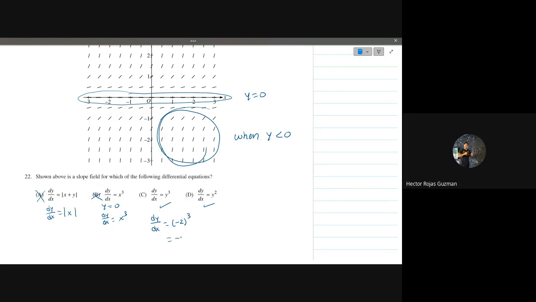Then this becomes -8, which means we have a negative slope. But look at the slopes. None of them are negative. But D actually works out, right? If you plug in -2, the square is going to get rid of the negative, producing a positive slope. So there you go. D is the answer.